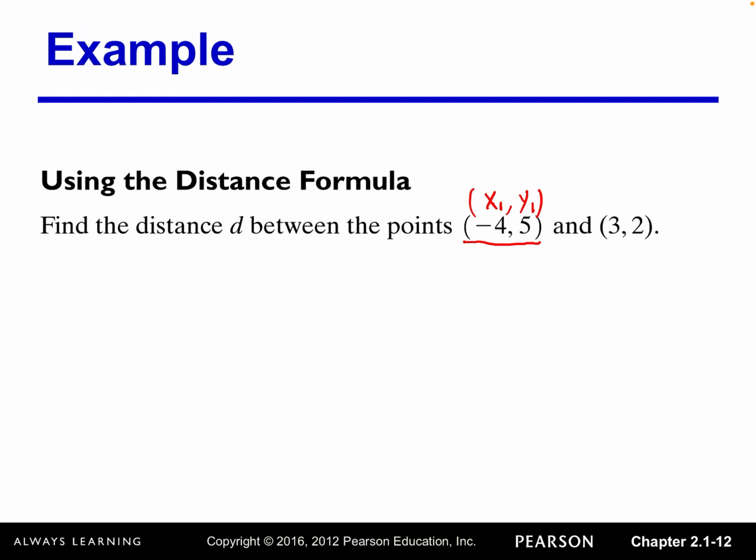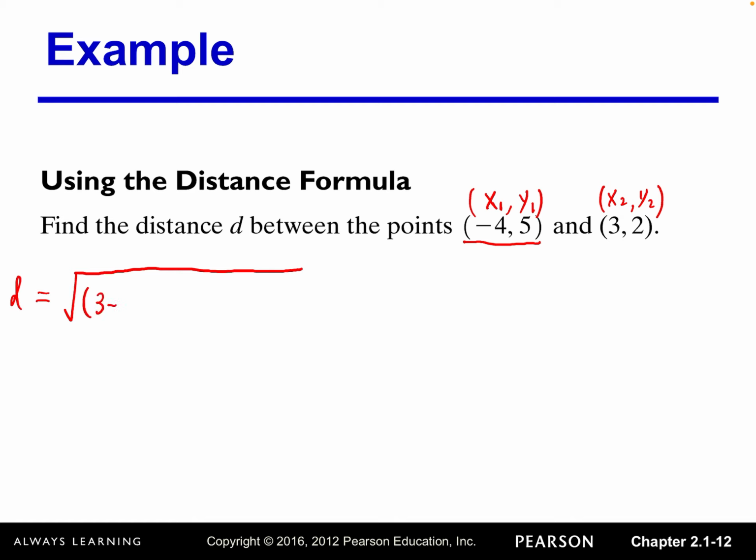Then the second point we denote as P2, with x coordinate x2 and y coordinate y2.